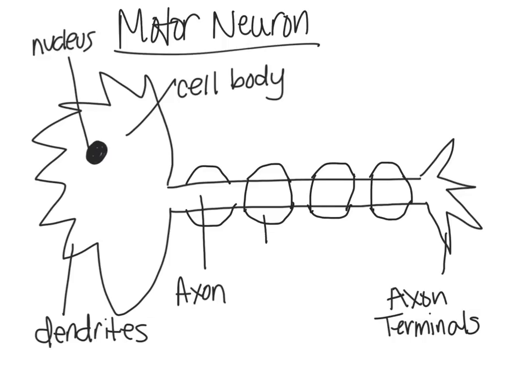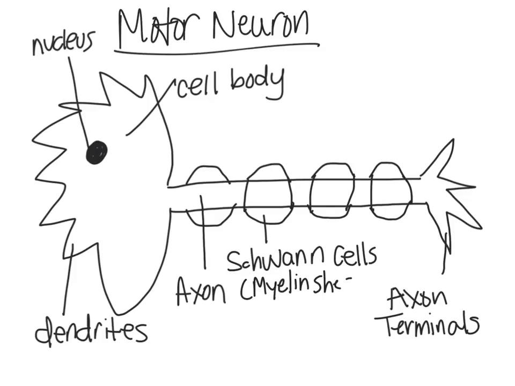These are called Schwann cells, and together, they make what's called the myelin sheath. This sheath is literally a protective layer of fatty cells around the axon here.